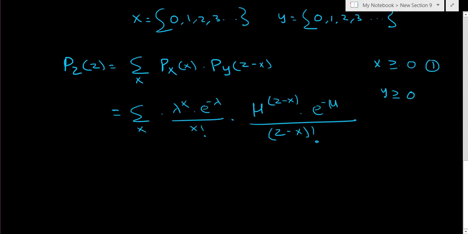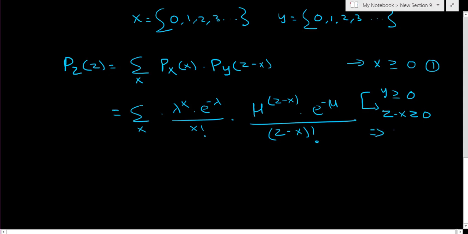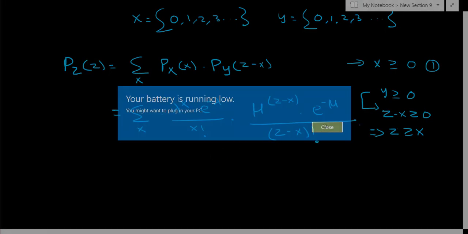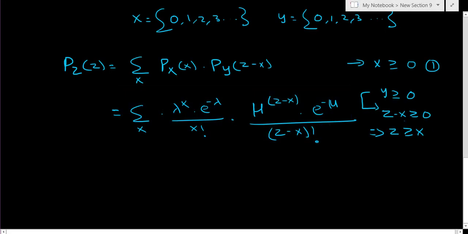The first fact is that x should be greater than or equal to 0. The second is that y equals z minus x, which is greater than or equal to 0, so this would imply that x is less than or equal to z. These are the two things we get from these two definitions.